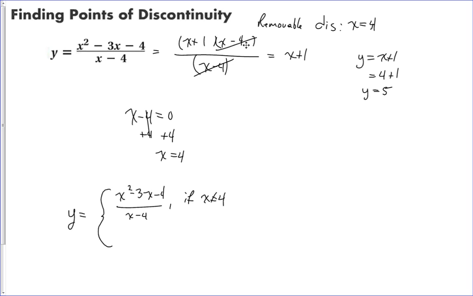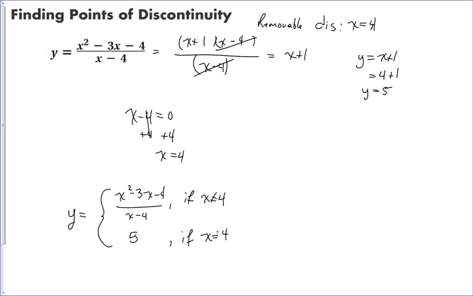As we've determined, we cannot plug in x equals 4 here, so y equals this function if x does not equal 4. But now, what if x equals 4? Now we're defining it at x equals 4. Well, when we plugged in the 4, we got y equals 5. So we know that y equals 5 if x equals 4.